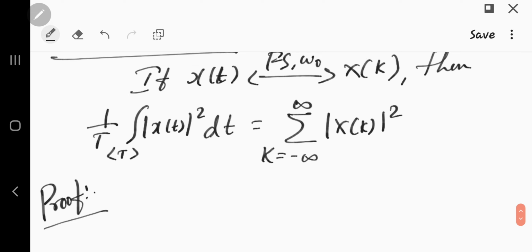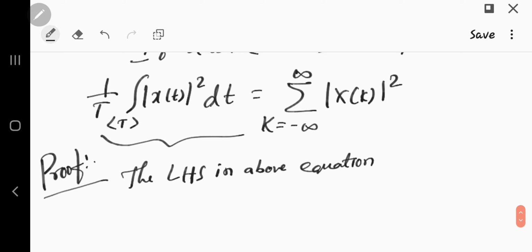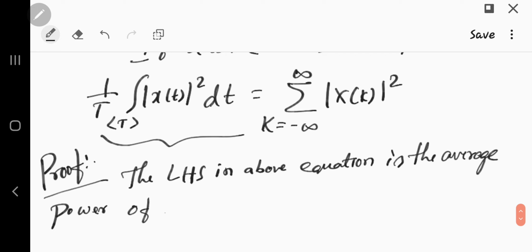Now if you observe this LHS, this is nothing but the average power of a periodic signal with fundamental period T. So I can write that the LHS in the above equation is the average power of a periodic signal.